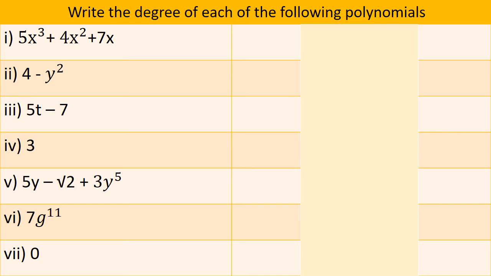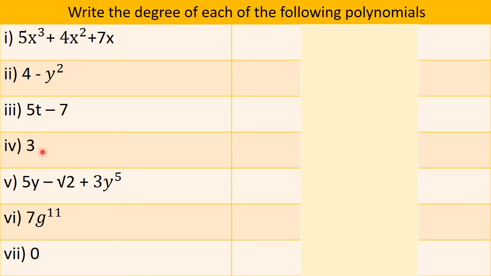In the first case it is 5x cube. This is the highest power. In the second case here you have y square, and in the third case here it is 5t, and here no variable.